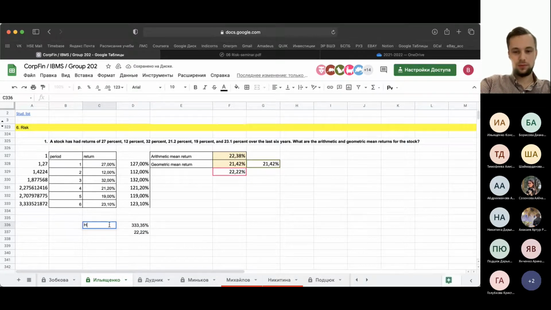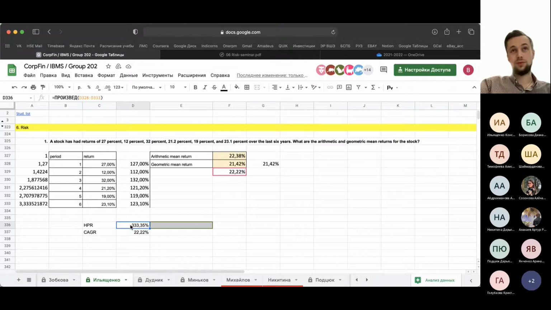And this is the compounded annual growth rate, or the geometric mean return. So on average, the stock should grow by 22% to give us 333% of holding period return in the end. Okay, thank you.